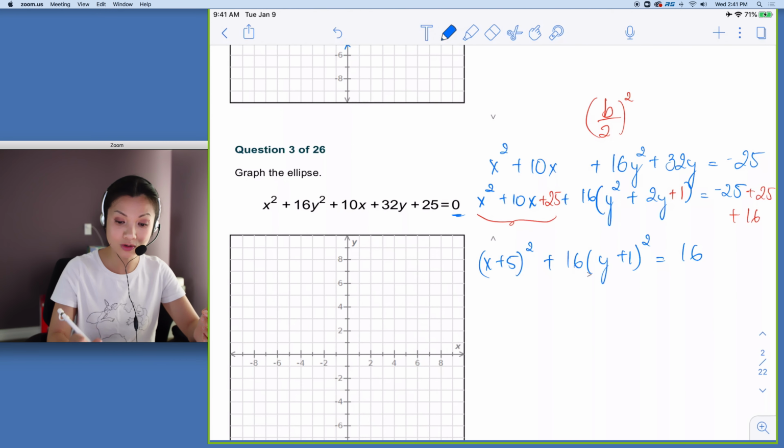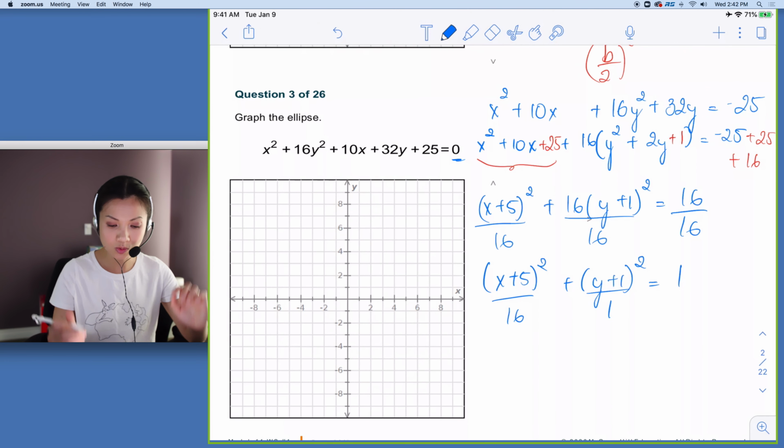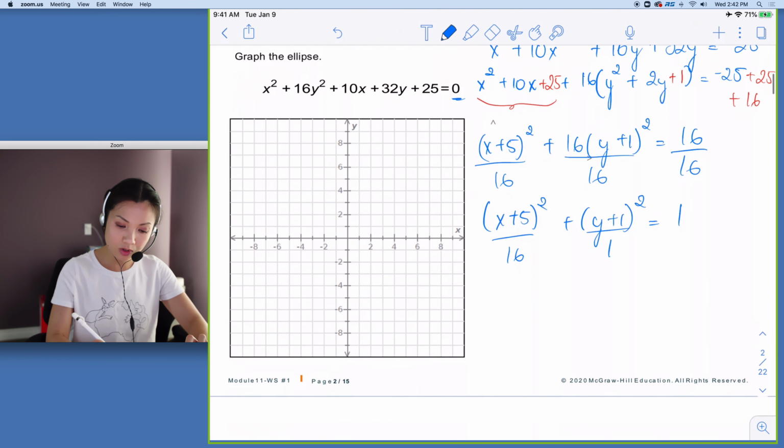I'm going to have to divide everything by 16. So our new equation is (x + 5) squared over 16 plus (y + 1) squared over 1 equals 1. Now you can see the center is (-5, -1).